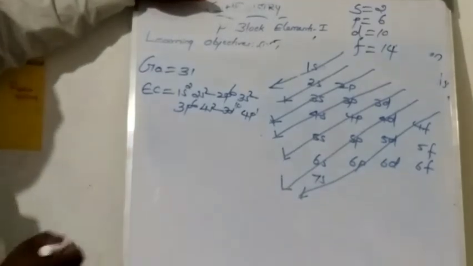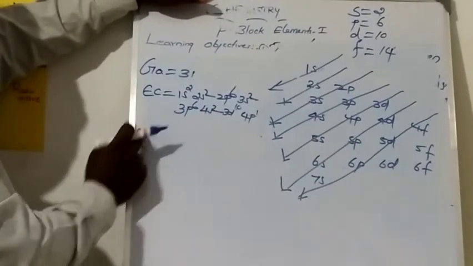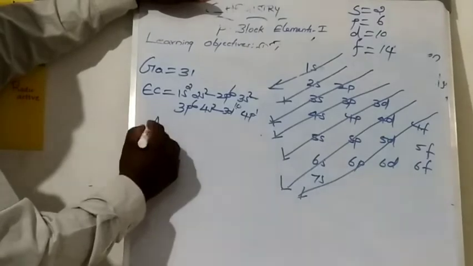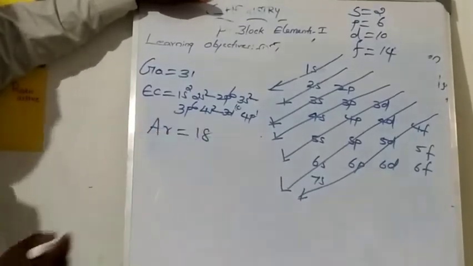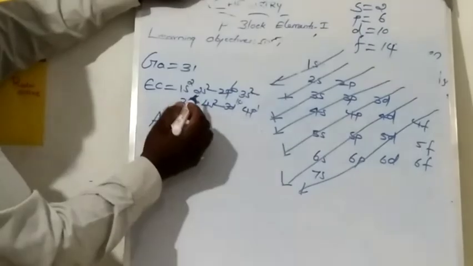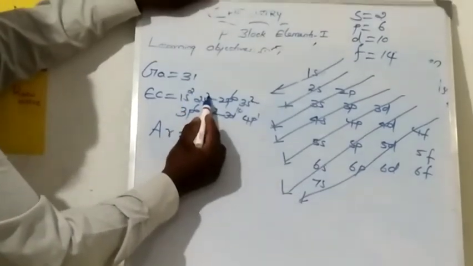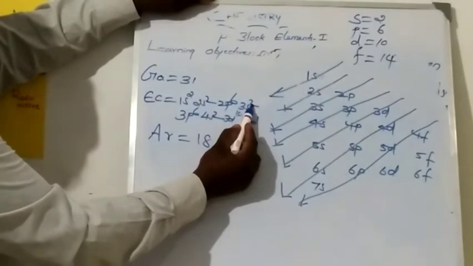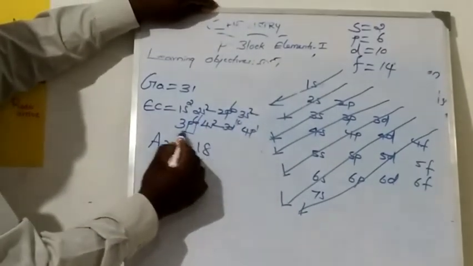For gallium we can use argon. The atomic number of argon is 18. So we take 2, 4, 10, 12, 18.